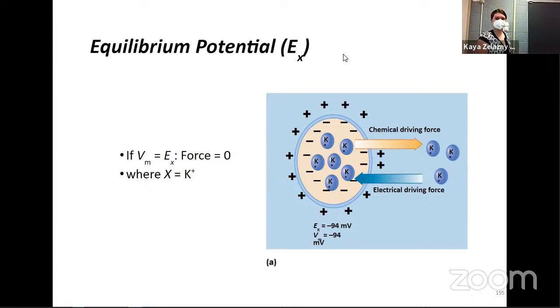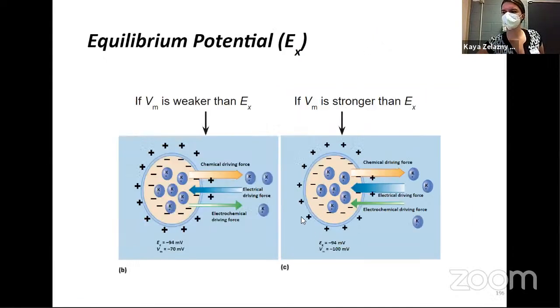So by knowing the equilibrium potential and the membrane potential, so what the charge difference is at the current moment versus what that ion wants the charge difference to be, we can solve which way the ion is going to go without actually knowing anything about the chemical driving force or the electrical driving force specifically. Just those two numbers, EK and VM, could tell us what's going to happen with our potassium ion.